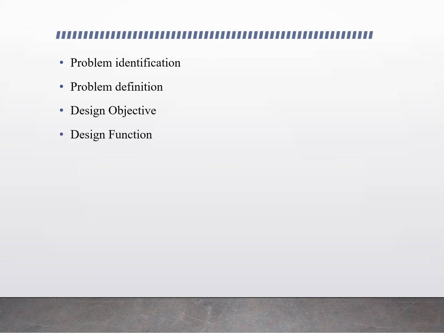The design function, you all know, is that the scraper should grate the coconut in an efficient manner. Okay. After design function, you need to consider the design means, whether your coconut scraper works on electricity, motors, blades, etc.